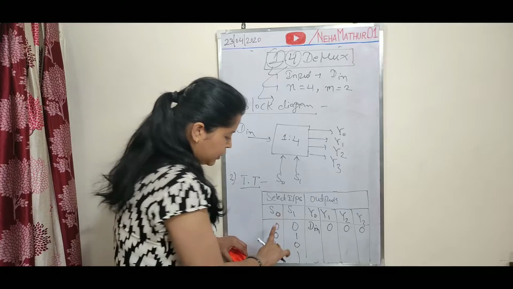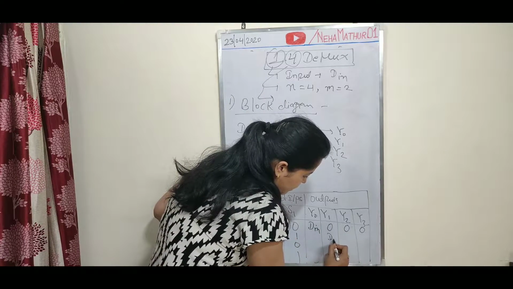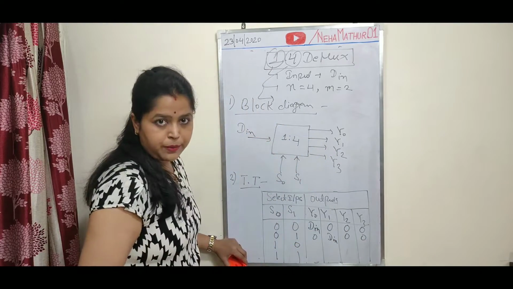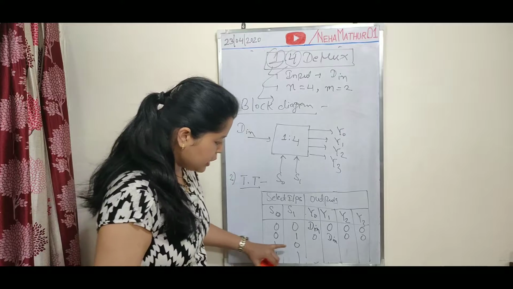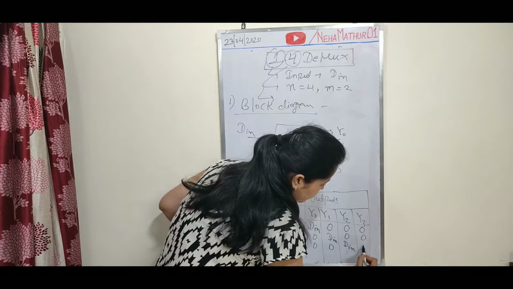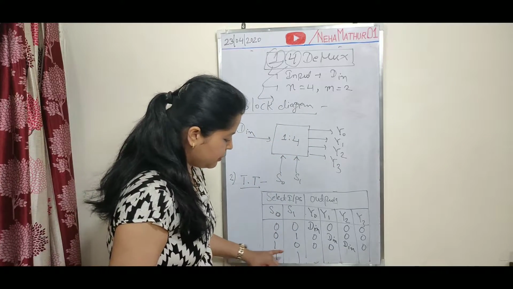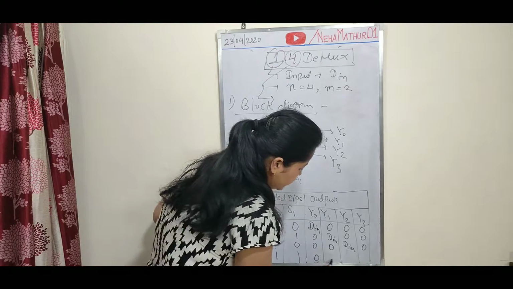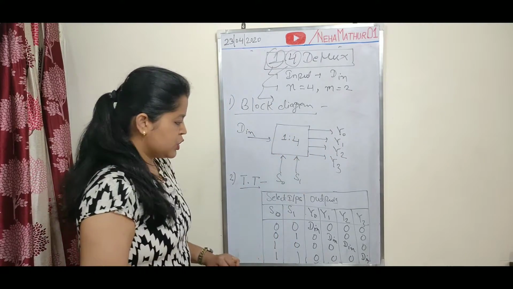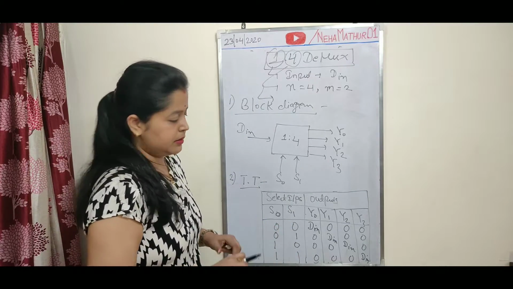Similarly, for the second combination, Y1 will be Din while all other terminals will be 0. For the third combination, Y2 will be Din while the remaining 3 will be 0. Similarly, for the fourth combination, you will get your Din at the fourth terminal of the output. So, this is the truth table for the 1:4 demultiplexer.